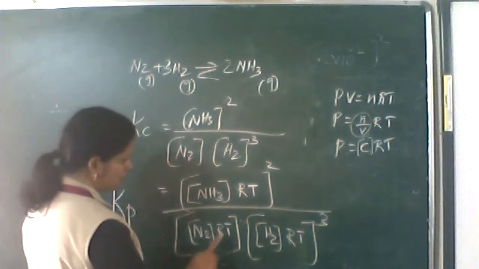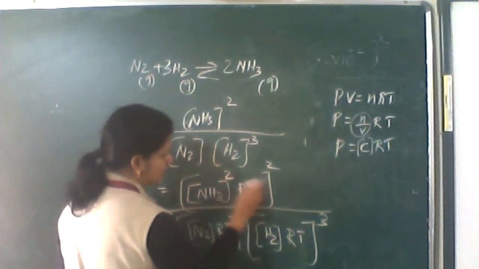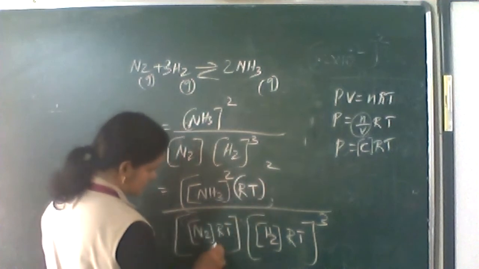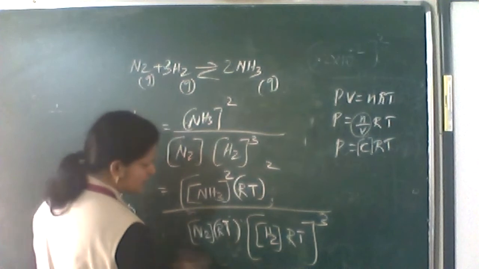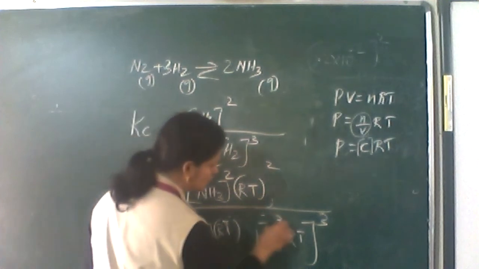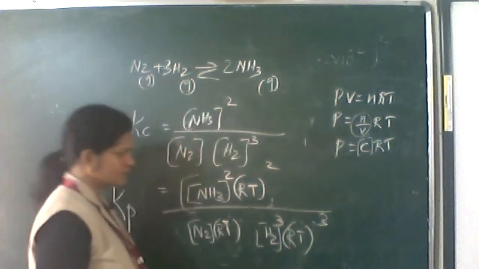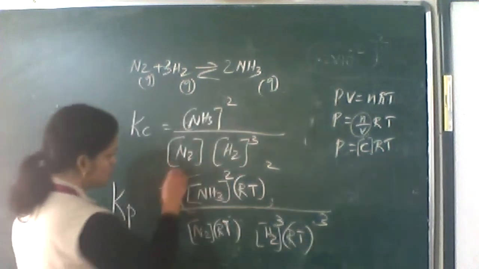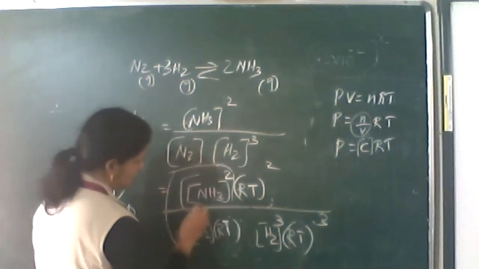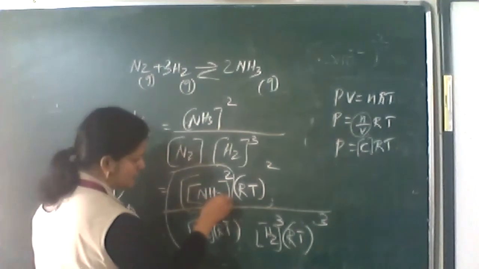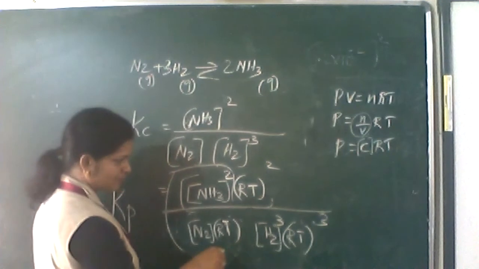So from here, NH3 square, RT square, then RT, then H2 cube, and here RT cube. This much portion, NH3 square upon N2 into H2 cube, is Kc.